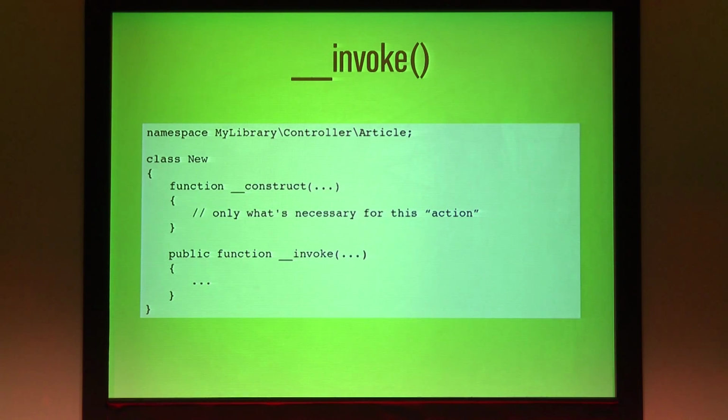And we put it in the controller directory and then inside another directory called article. So we basically move things around a bit, and then in the end we use __invoke as the magic method used to indicate that the object can be executed or can do something, can be invoked.